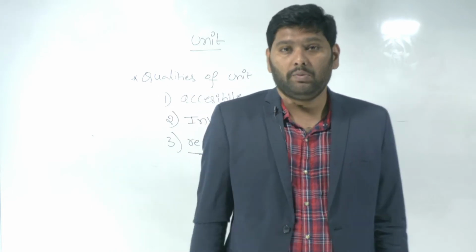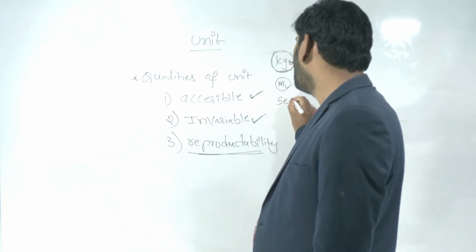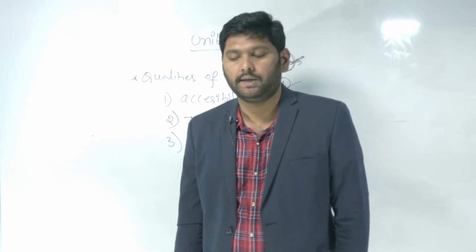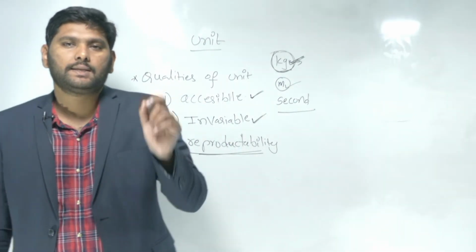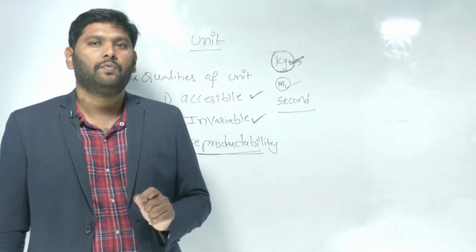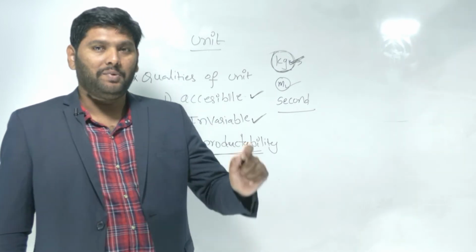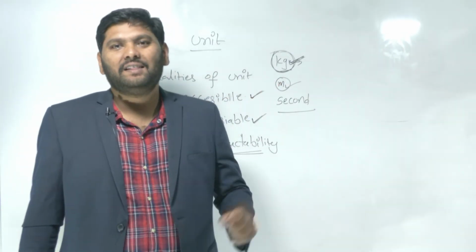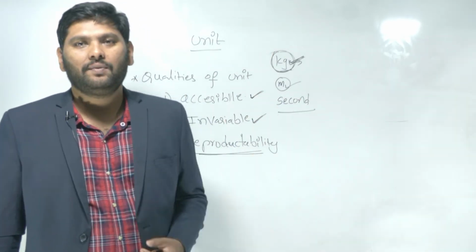Let me take time units. Generally we use the second as the time unit, isn't it? The second is a standard value for time. It cannot change with time, and it cannot change with the planet. We can use this value repeatedly in an easy way.